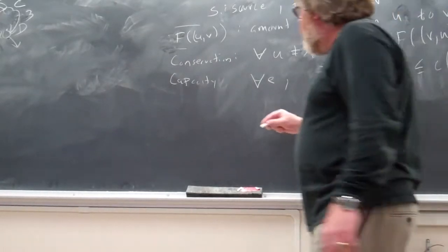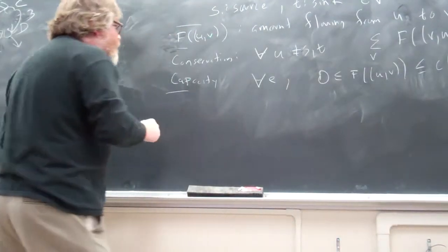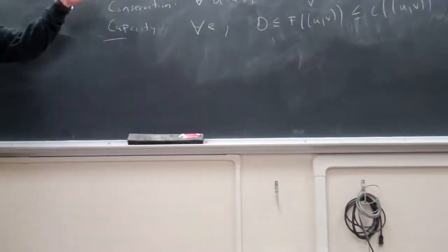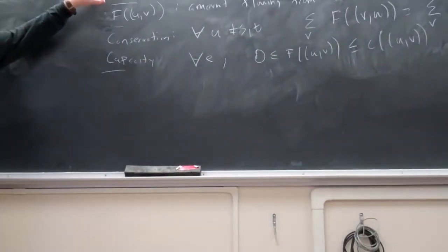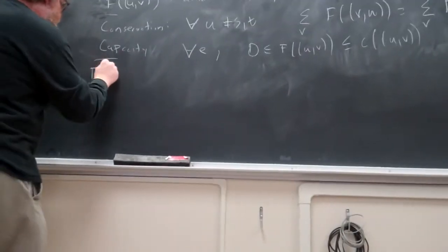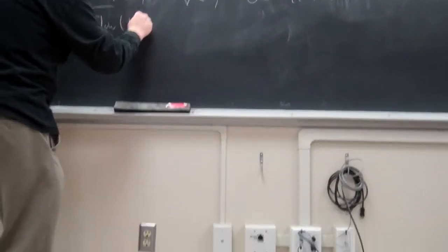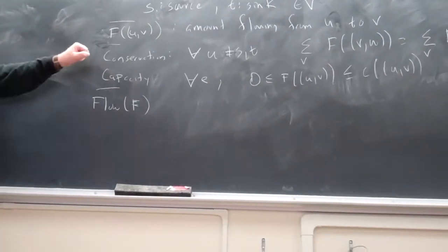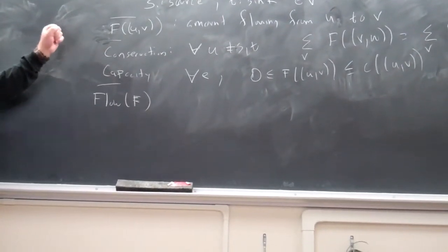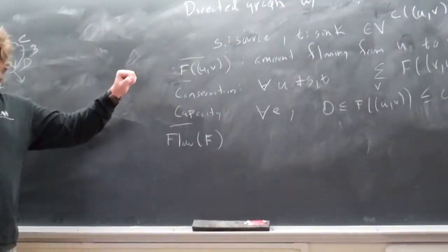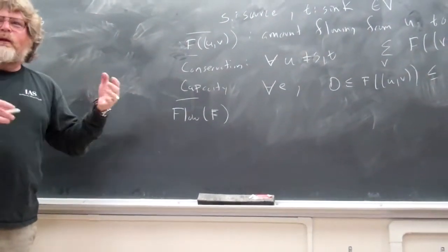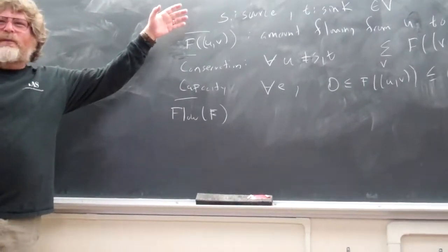And what we're trying to do is maximize the total amount flowing from S to T. Because of conservation, anything that flows into S has to come out of T. It can't end up anywhere in the middle.